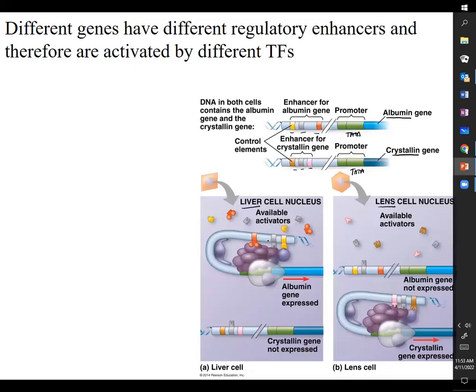So they bind to the enhancer sequence and they fully turn on transcription of albumin. But look, there is no pink and there is no orange transcription factor. So the crystallin gene is not expressed. Now, in contrast, if we look at the lens of the eyeball cells, we have a different set of activated transcription factors in the nucleus, and therefore we get expression of the crystallin gene and not of the albumin.